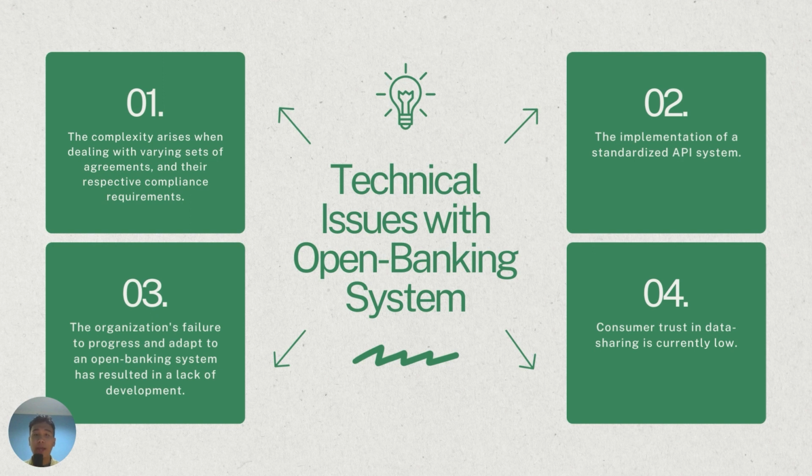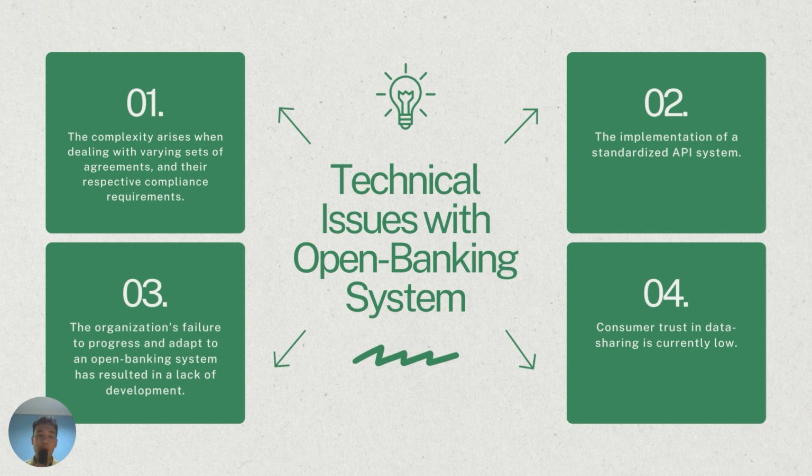Every bank has their own API system, and it can be frustrating for long-term operations. This highlighted the third issue, where the organization failed to progress and adapt, resulting in a lack of development in the fintech industry, because again, adapting to an open banking system has so much complexity, as already mentioned above.